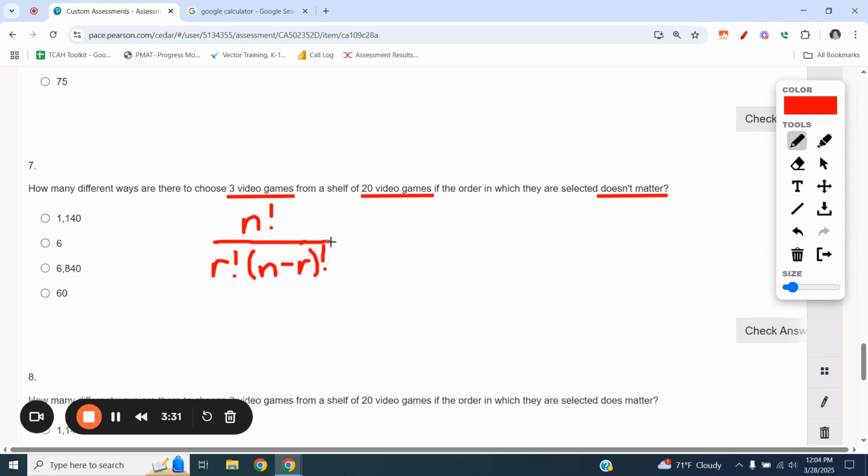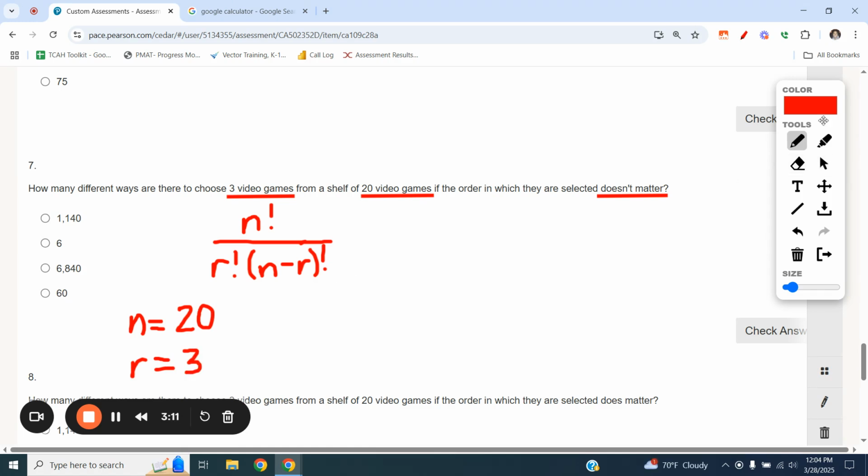And so we'll talk a bit about what is the n and what is the r in this problem. So n is going to represent the total number that we can choose from, and we can choose from 20 video games. And then r is going to represent the number that we are actually choosing, which is 3.